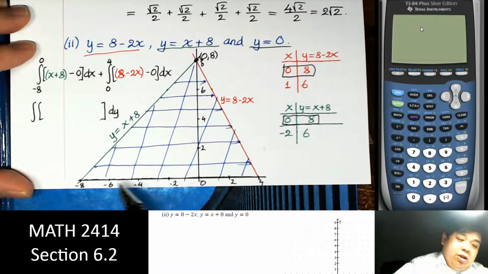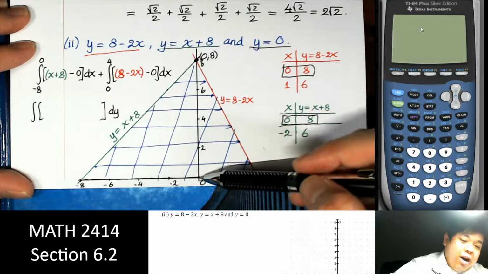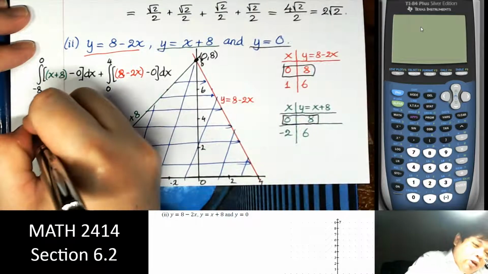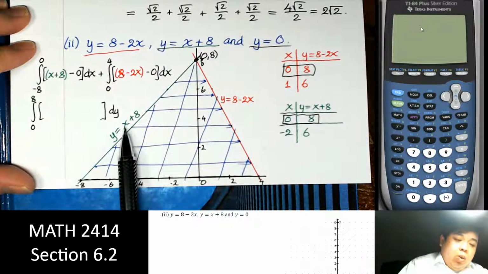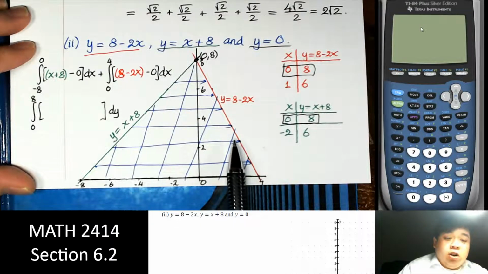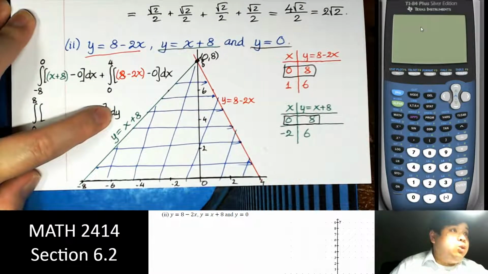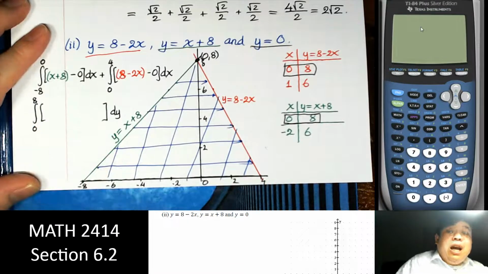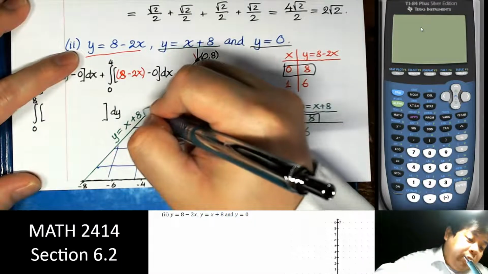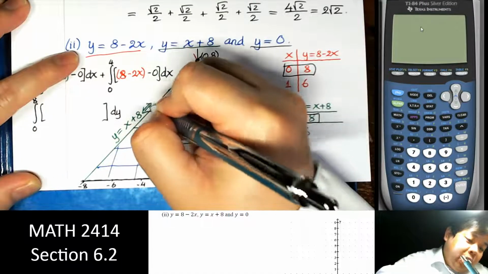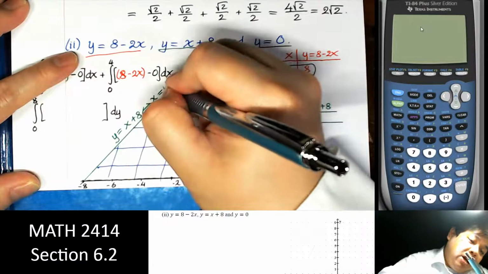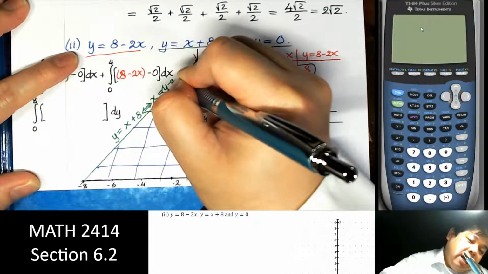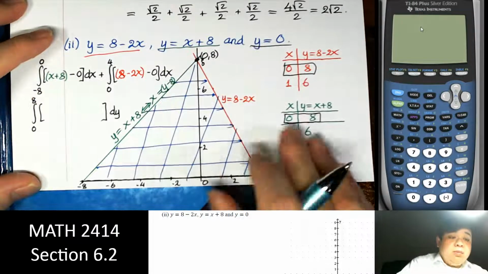And that integral, in terms of dy, the y values go from 0 to 8. So we know the limits. Now we just need to know what is the function on the left, what is the function on the right. Notice that since we use dy, everything in here has to be in terms of y. So equivalently, y equal to x plus 8, we can say x is equal to y minus 8. And that is the function on the left.